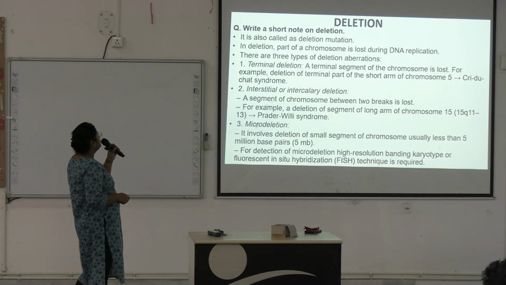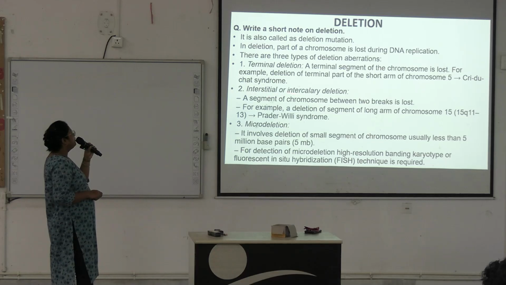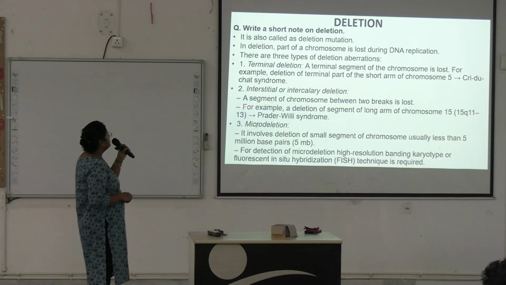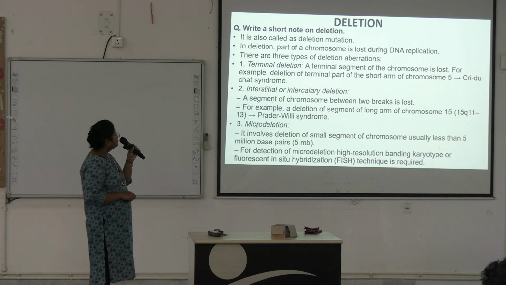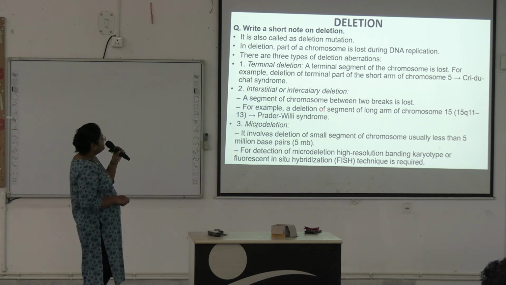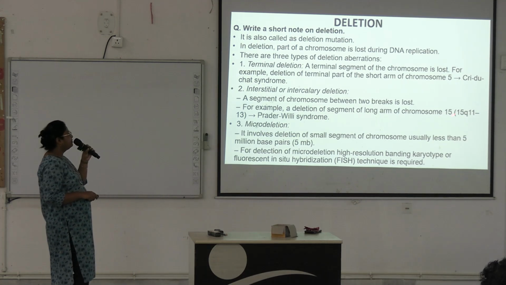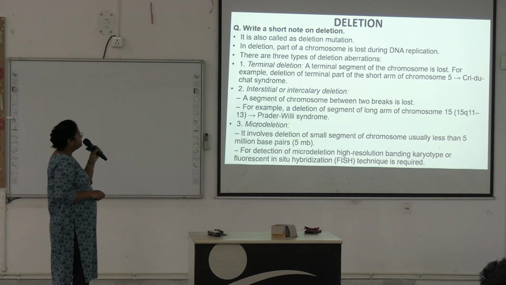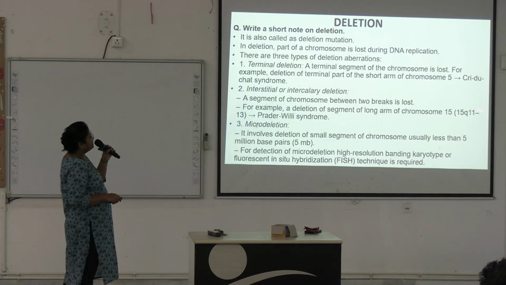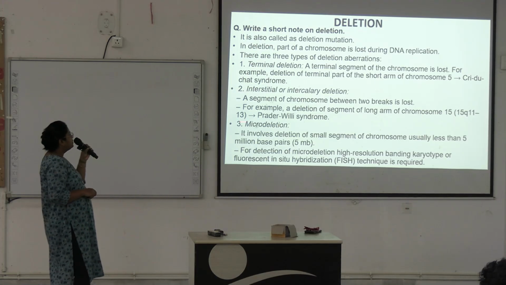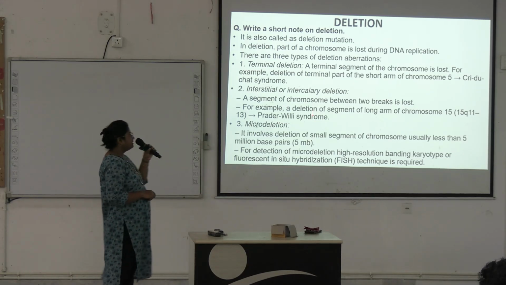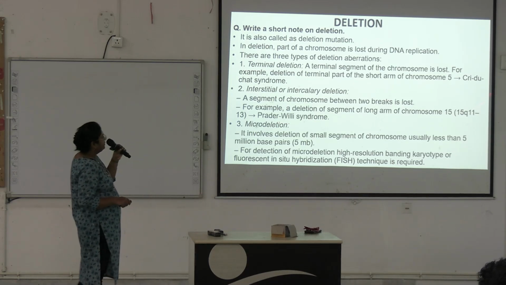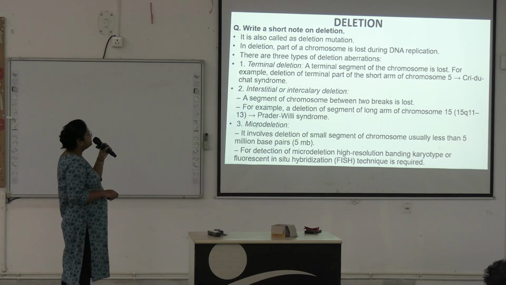Next is interstitial or intercalary deletion. A segment of the chromosome between two breaks is lost. For example, deletion of a segment of the long arm of chromosome 15, from 15q11 to 13, leads to Prader-Willi syndrome. This is also an important syndrome. Cri-du-chat is most important for deletion.